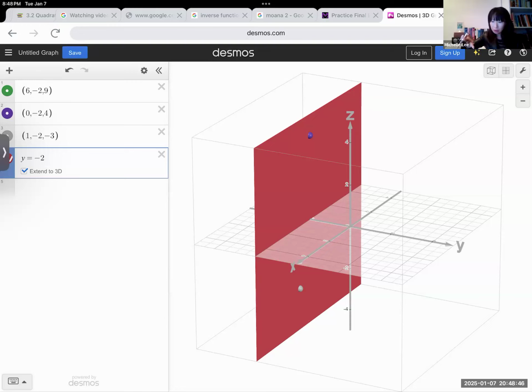So that's why the green does not show here, but we can change that. I just want to show you how it looks. So this xz plane covers all the points. Yeah, clear? Let me make a screenshot.